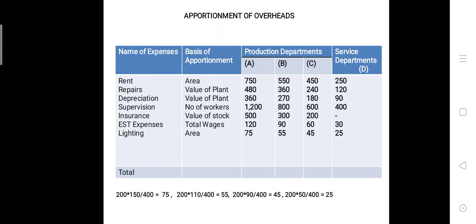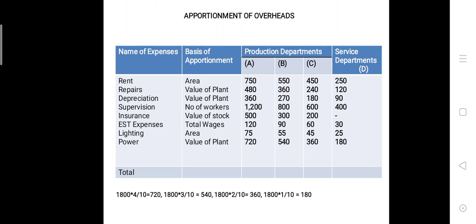Similar way you can find out for the remaining three departments like 200 multiplied by 110 upon 400, that comes to 55, then 45, then 25. This way, and the last one is power.